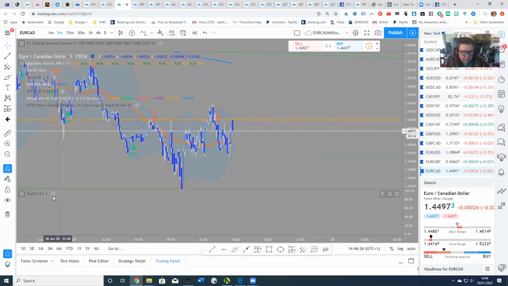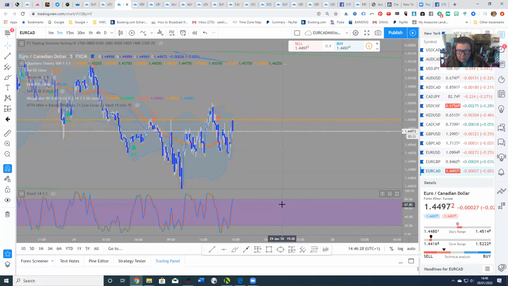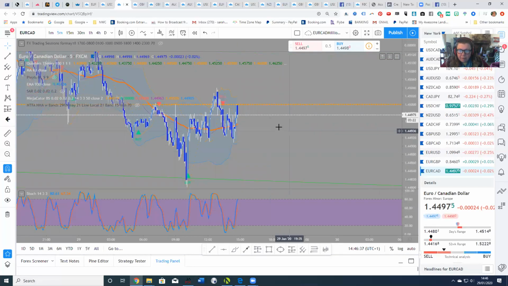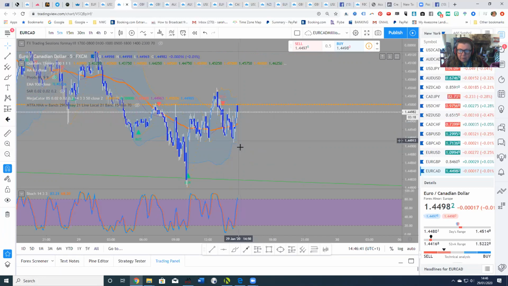And put the stochastic on. So it is coming up to saying here that it's overbought on the 5 minute, and it wants to come down. It's just nudging the 50 there, but the bands on the Bollinger are quite tight. So wait for it to flip, get in below 1.45 as it comes down.